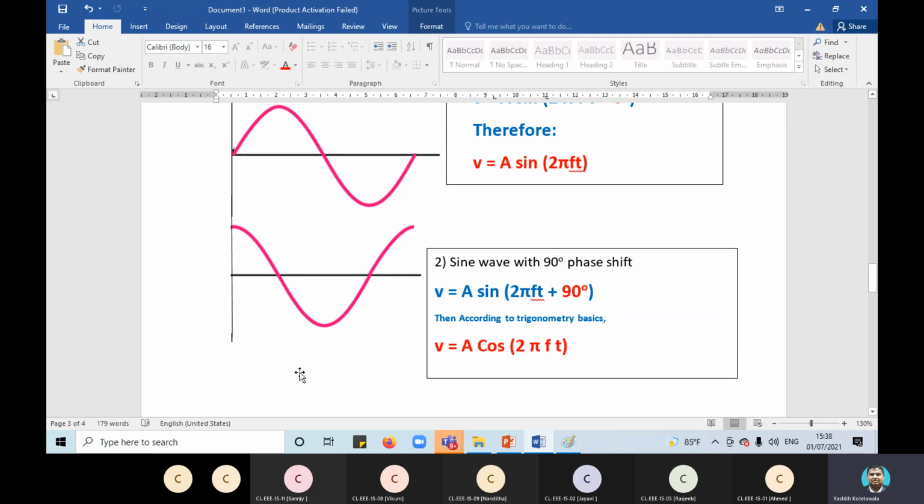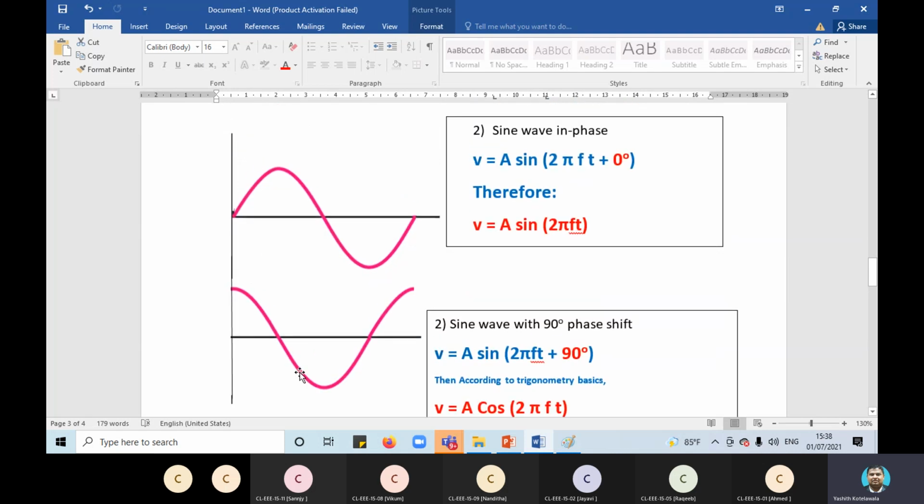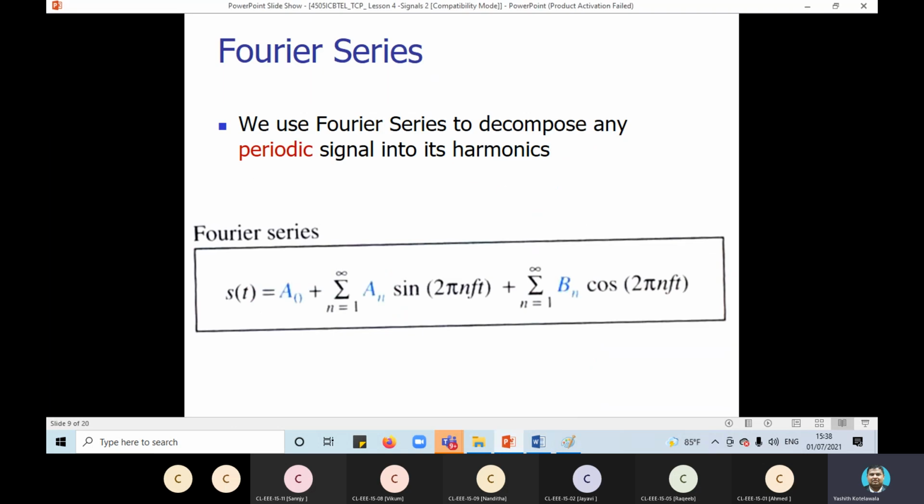So in Fourier, since it is periodic, don't forget we are still dealing with periodic complex signals. So Fourier series is for periodic complex signals, right? See, it is highlighted in red color, periodic complex signals. So when it is periodic, we make sure that we limit all our derivations only to in-phase sine signals as well as 90 degrees phase shifted sine signals, or we call them cosine signals.